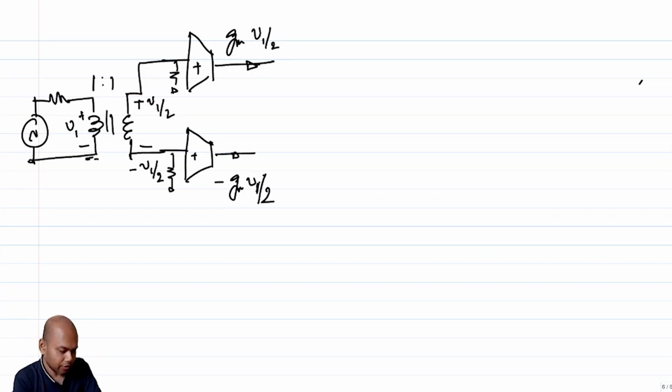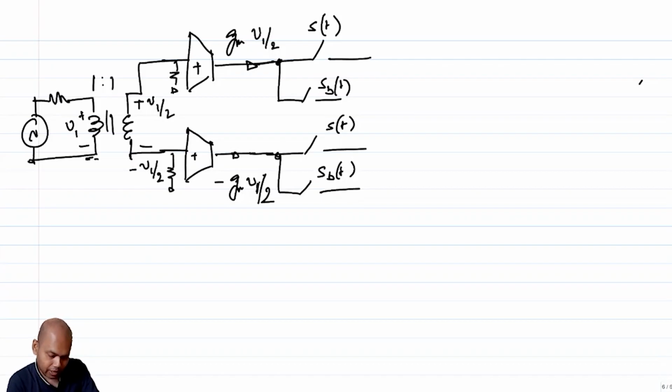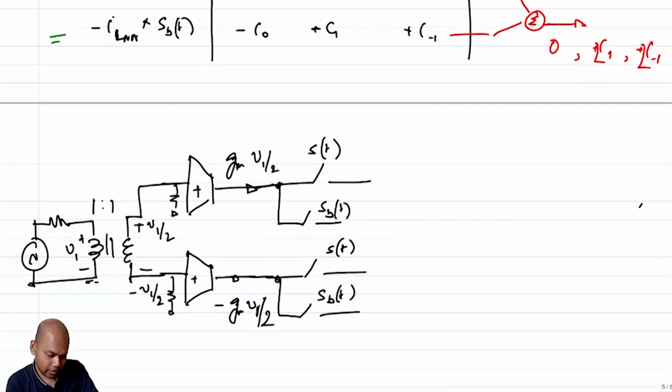Correct? And then what I am doing, I am passing it through a set of switches. One is S of t, one is SB of t. This is also passing through S of t, one is passing through SB of t. And which wires are we connecting? I am connecting the wire that connects this one, I_LNA S of t, with minus I_LNA SB of t, right?